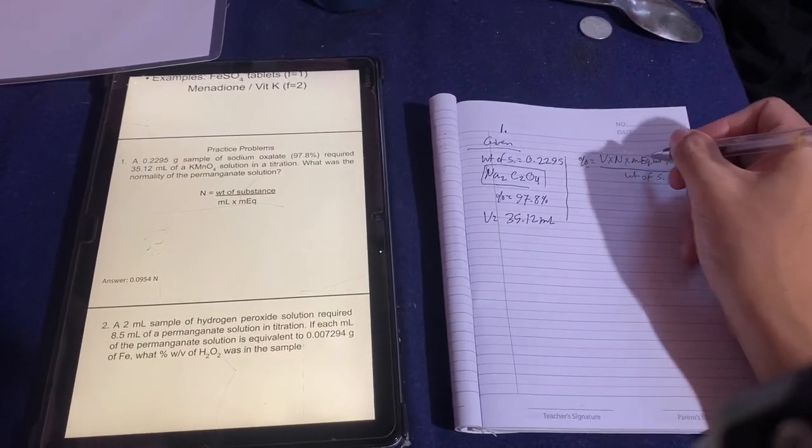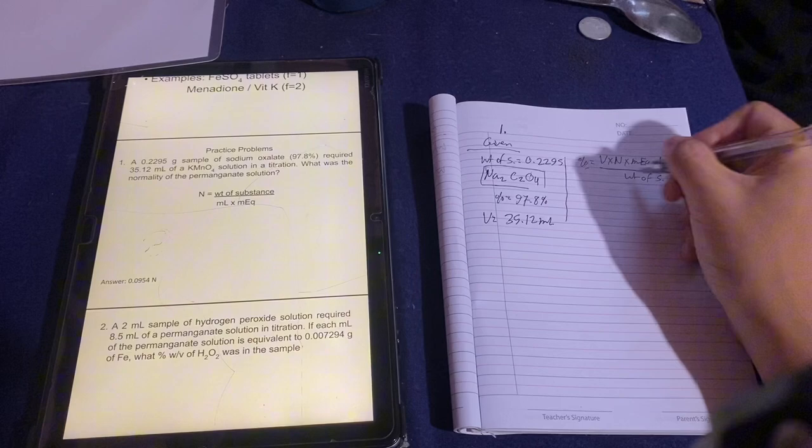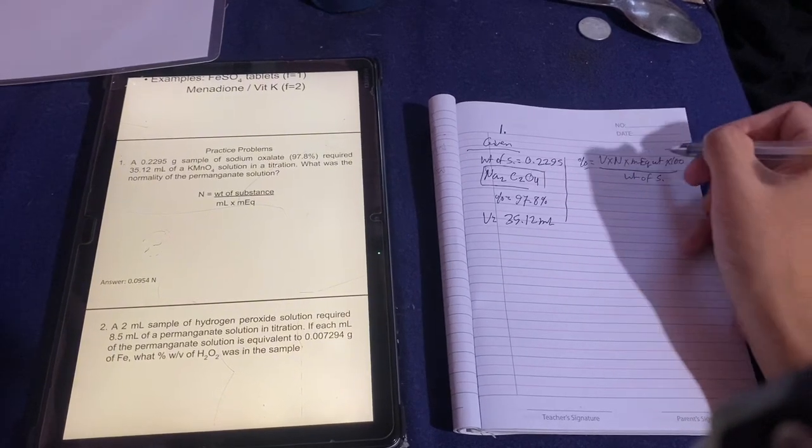So in order to do that, we transfer everything except the normality.